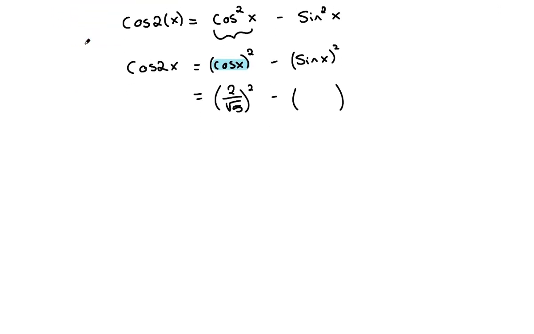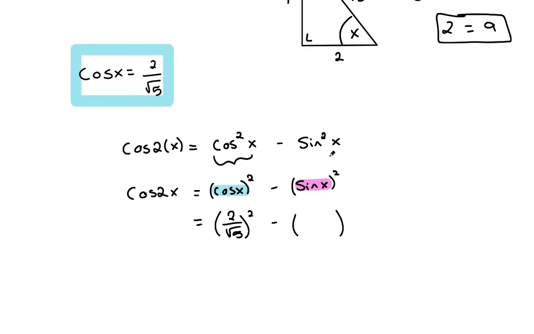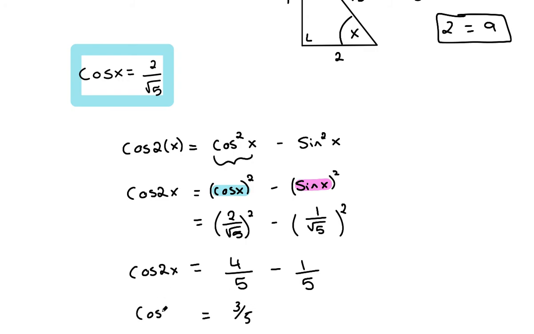That's going to be 1 all over root 5 squared. If I do that, I'm going to have 4 over 5 minus 1 over 5. Cos 2x is equal to 4/5 minus 1/5. If you have 4 of them and you take away one of them, you're left with 3. So 3/5 is equal to cos of 2x.